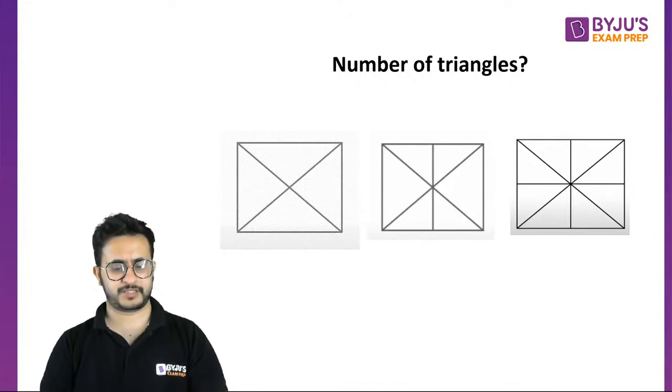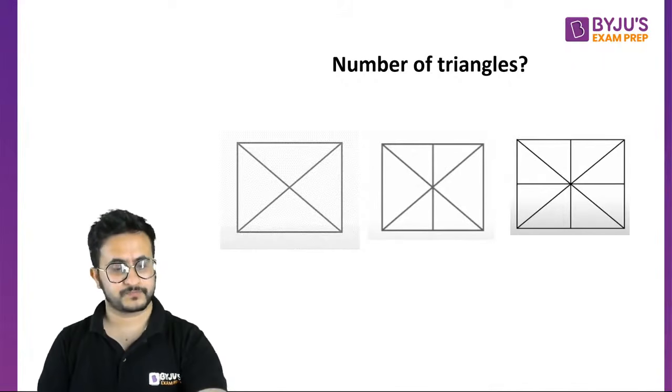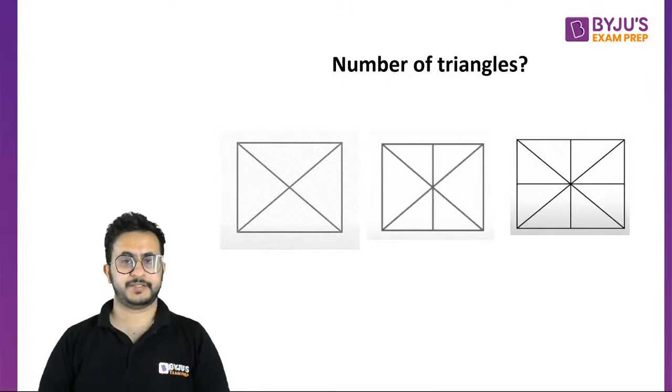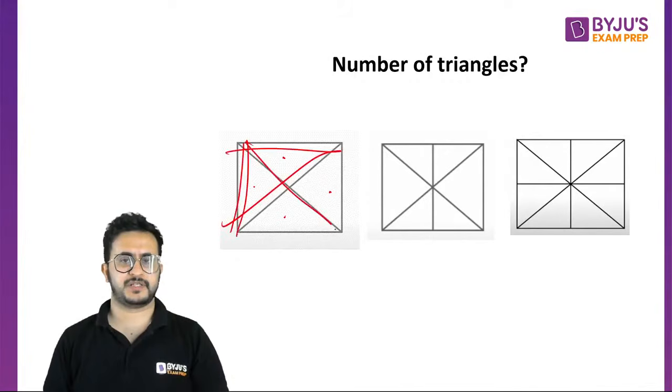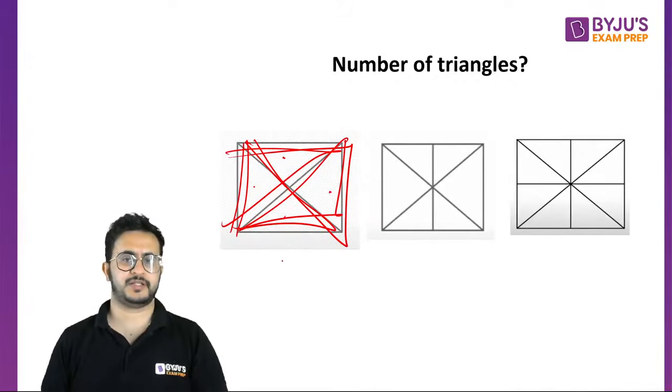Can you tell the number of triangles in this figure, the first figure? 8. We will say 1, 2, 3, 4, then 5, 6, 7, and 8. Then the answer is 8. What about second, third?